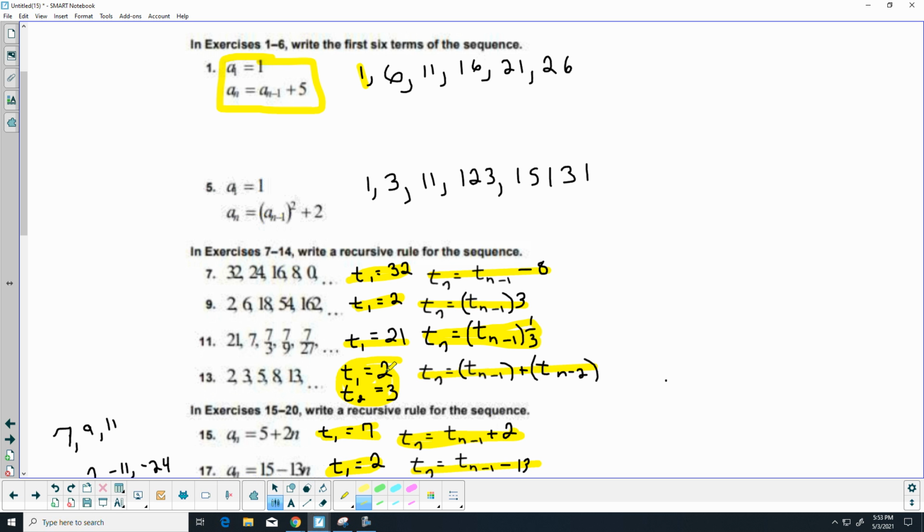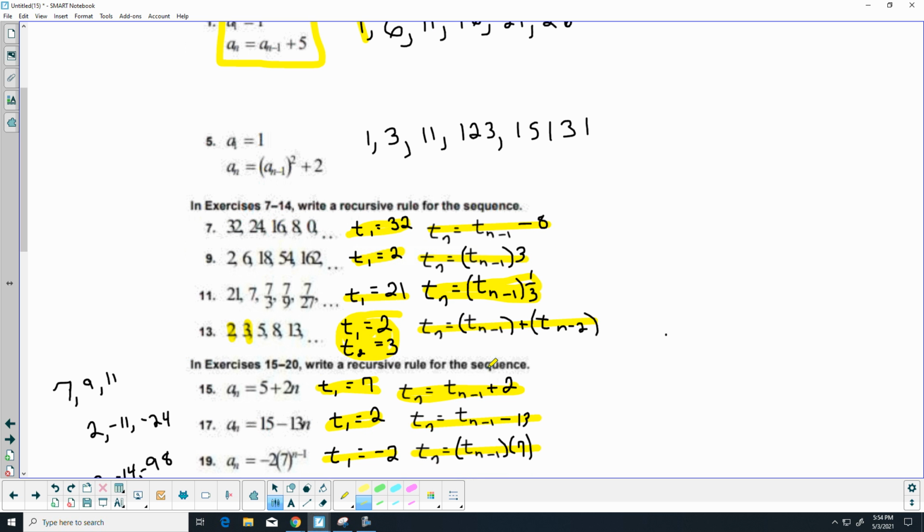T sub 1 equals 2, T sub 2 equals 3. So those are the first terms. And to get the third term, I'm taking the two previous terms and adding them together. So that means the previous term and minus 2 would be the one before that. If you got that one right, give yourself a little pat on the back.